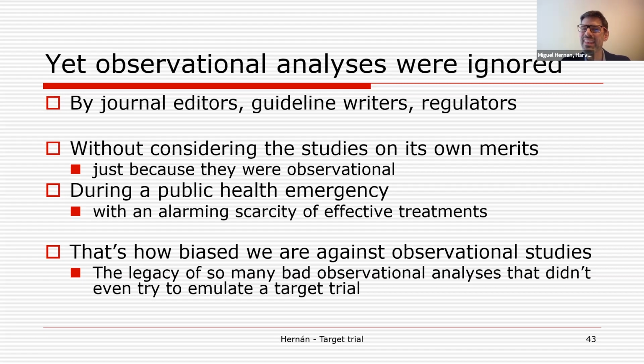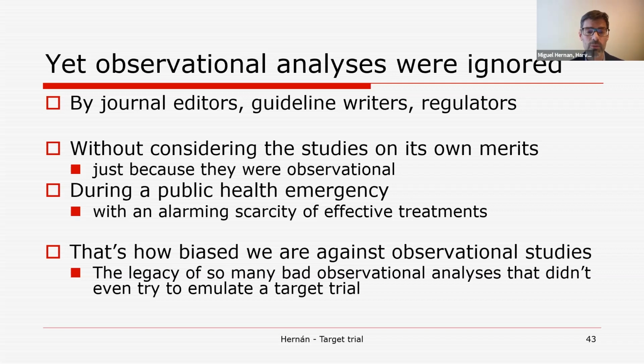But they did so without a criticism. They just said they were observational and therefore we cannot trust them. And this happened during a public health emergency when there were no effective treatments. So this was the perfect setting for observational studies like this to be taken seriously, and it didn't happen.